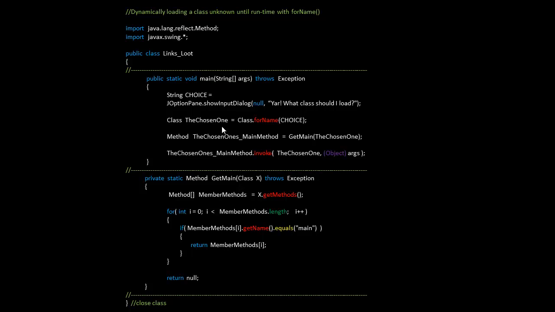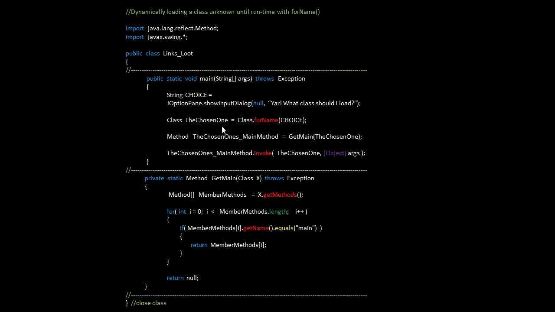Next, we're going to instantiate a Method class object called the chosen one's main method. And we're going to call the function getMain, passing in the chosen one. Well, the chosen one is whatever class they typed in. We have no idea what methods are in the class until runtime, or what they're going to type in until runtime. But whatever that class may be, we're going to look through all of its methods. And if you look in the getMain function in this example, that's what we're doing.